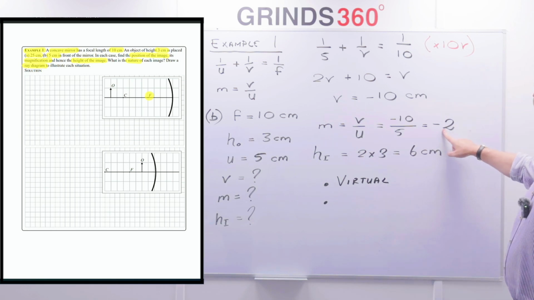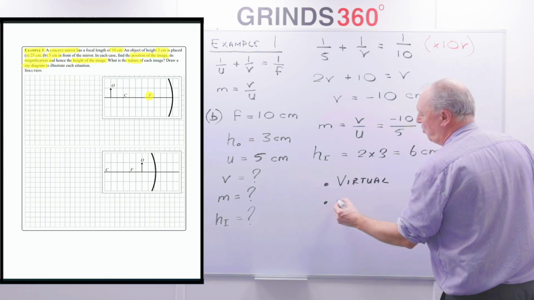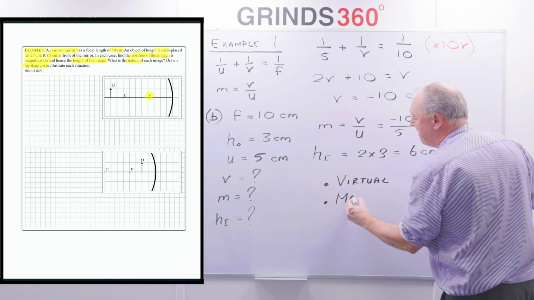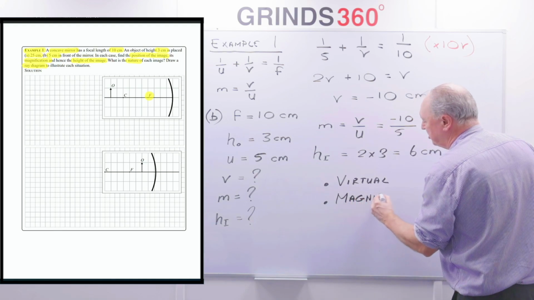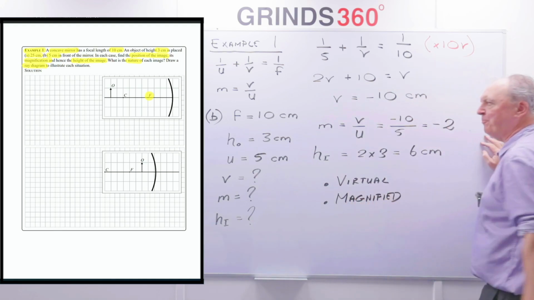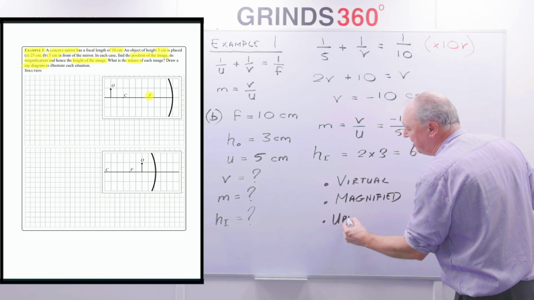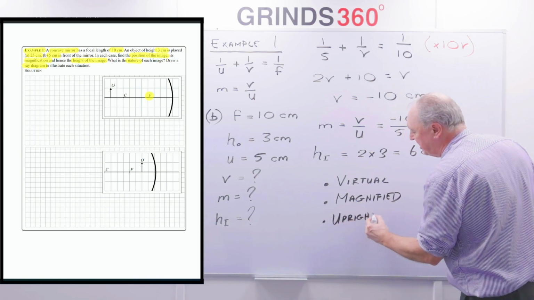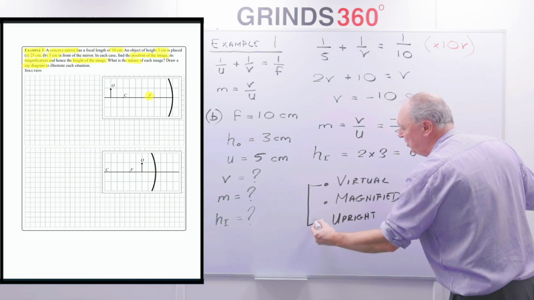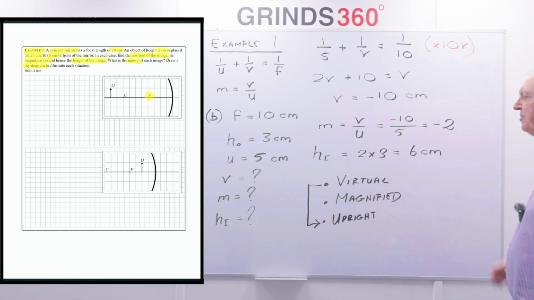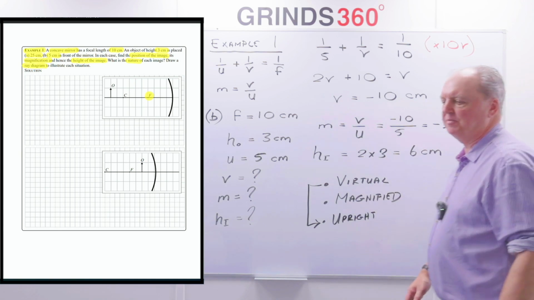Well, the absolute value of that is 2. 2 is bigger than 1. So you're talking about having a magnified image. And is it upright or inverted? Well, if it's virtual, that means we're talking about an upright image. They're always connected, aren't they? If you know the first one, you will know the third one. Finally, they're asking me to draw a ray diagram of that situation.